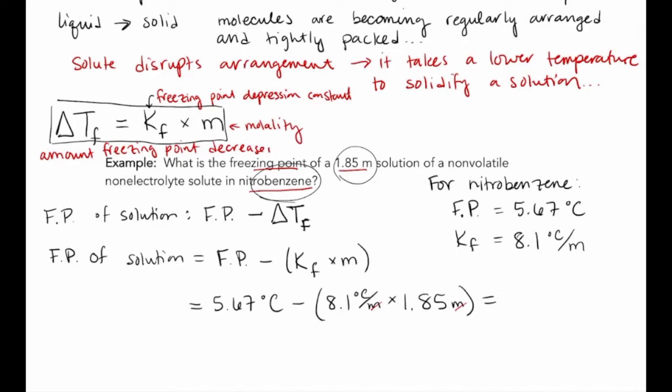I want to double check sig figs. It's going to be 5.67 degrees Celsius minus 8.1 times 1.85, and this minus I picked because it's a depression. We're lowering the temperature, so you have to have it subtracted out.